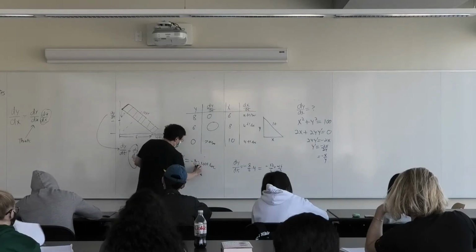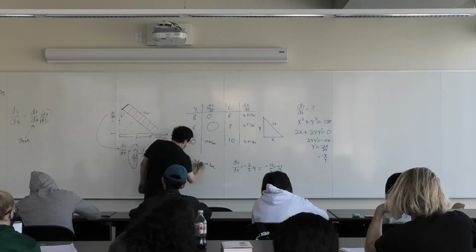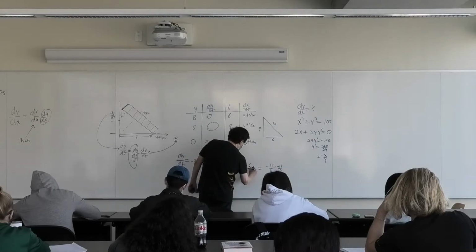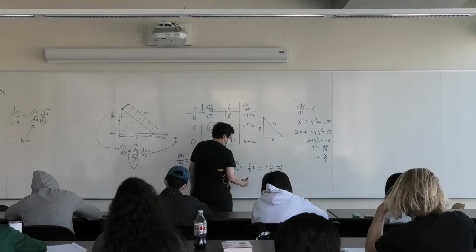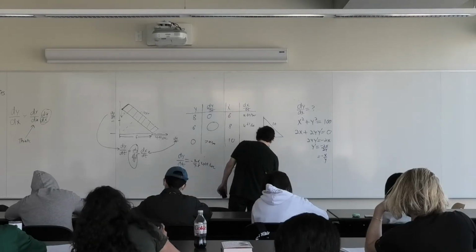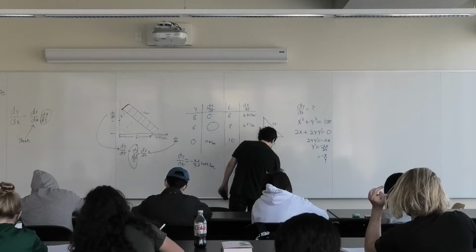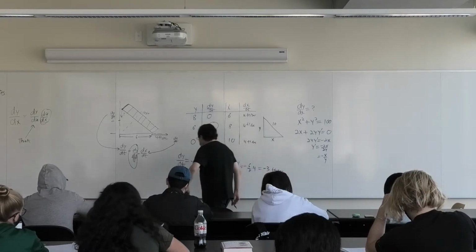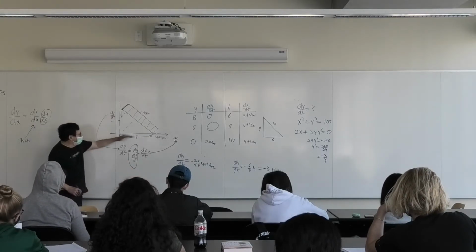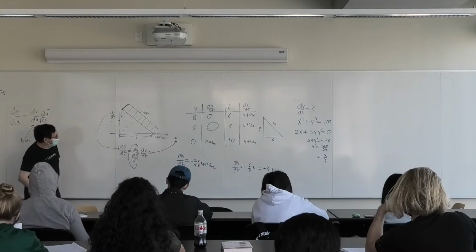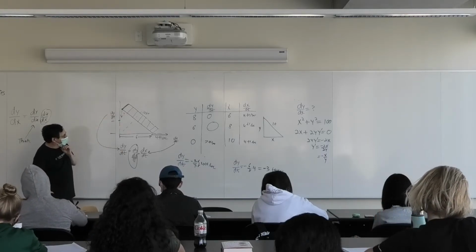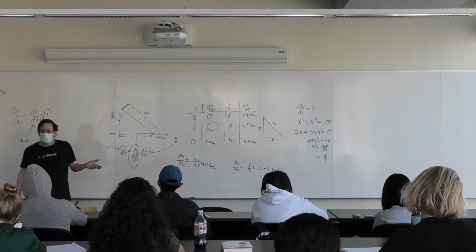So if I just switch these, 6 and 8, I'm going to get minus 3. No, it's a different problem. So you can pick any distance here now, and we can plug in and find out how fast it's going to go. Any thoughts on why it's a negative 3?